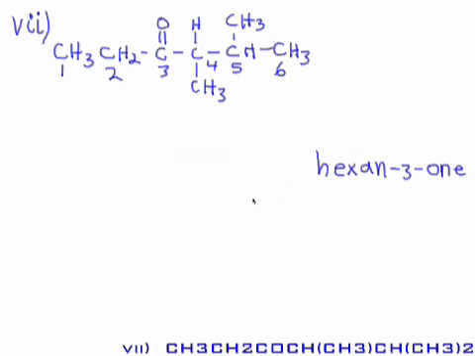So we have to be careful when we're working with hexanones to insert the number or locant for the functional group. And then we see we have a methyl group at 4 and a methyl group at 5, so we're going to have a 4,5 dimethyl. 4,5 dimethyl hexane 3-one.